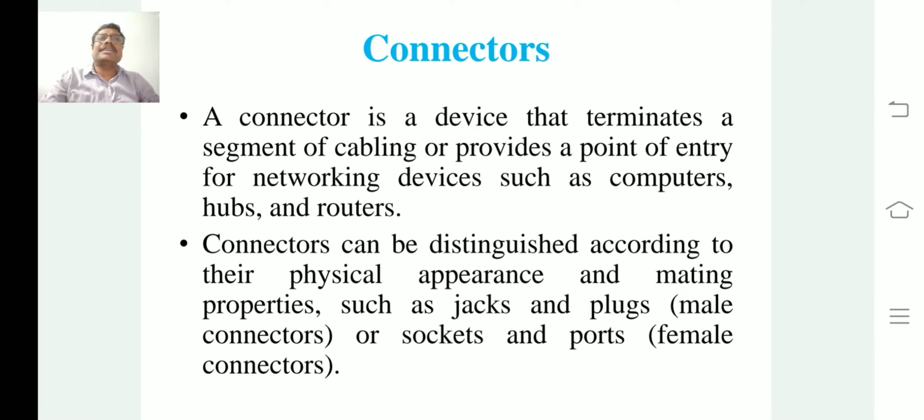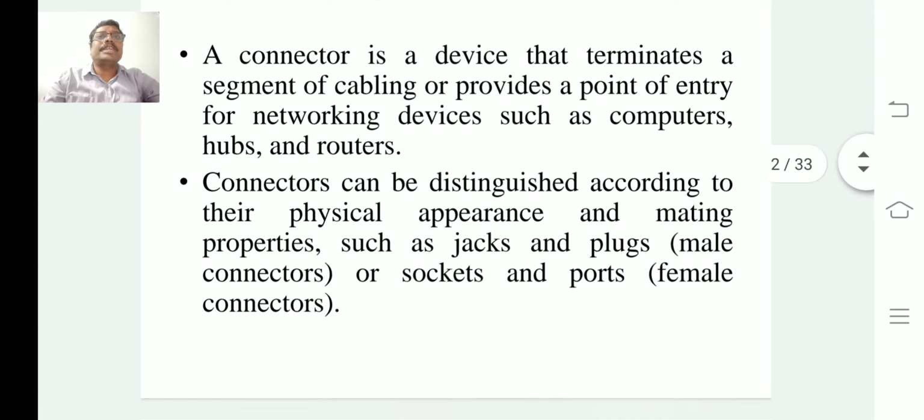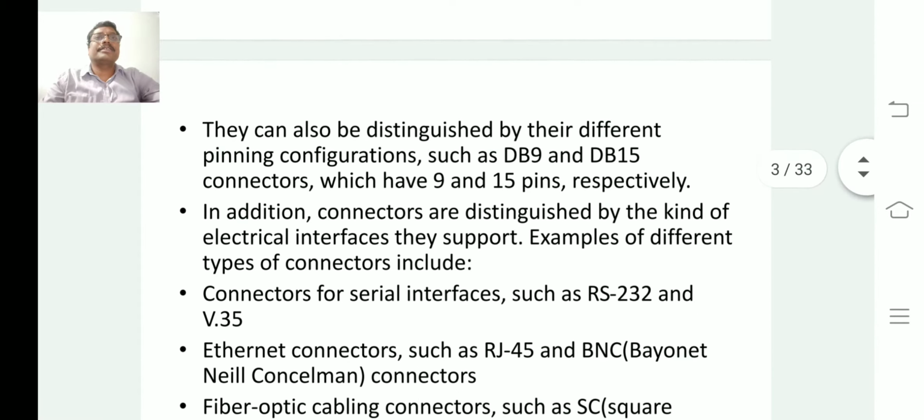Connectors can be distinguished according to their physical appearance and mating properties, how they are going to connect one to the other, such as jacks and plugs or sockets and ports. These are different names for the connectors with their different structure.